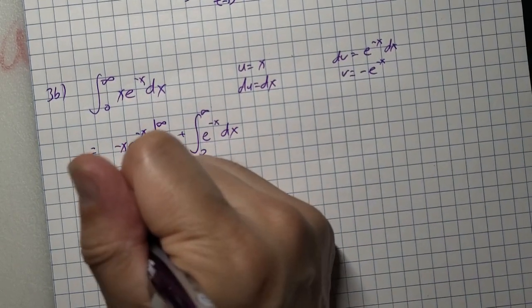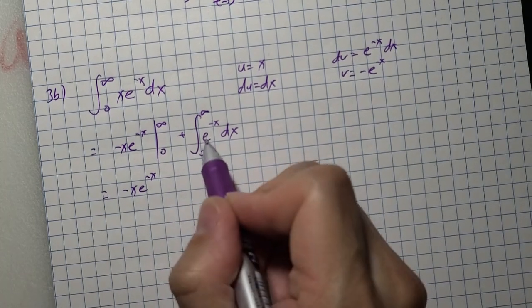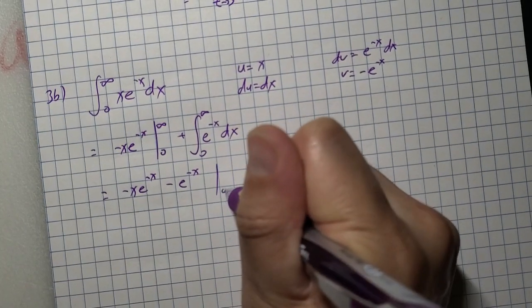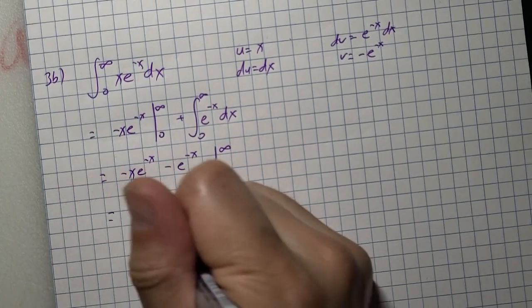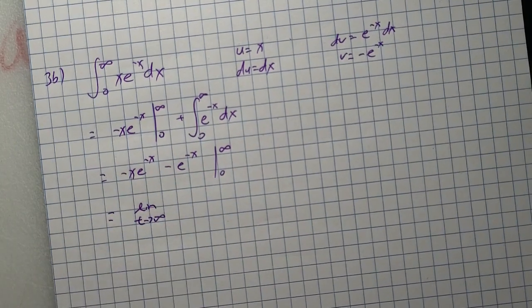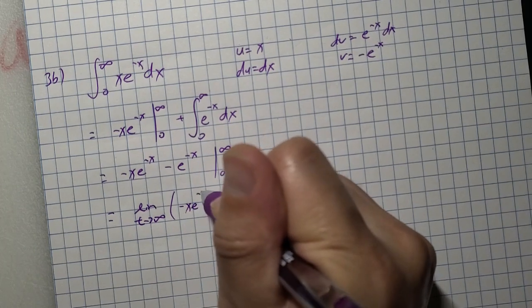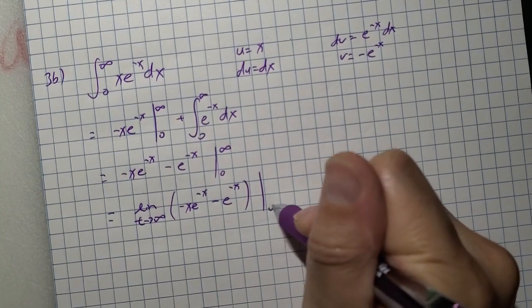We integrate this, we would get minus e to minus x. Okay, so let's write it in limit notation. Limit as t goes to infinity of minus x e to minus x minus e to minus x from 0 to t.